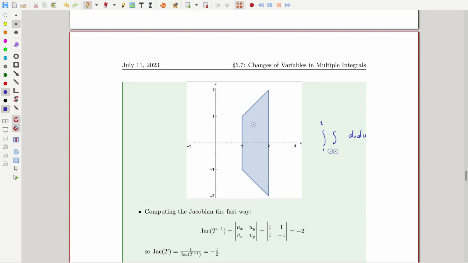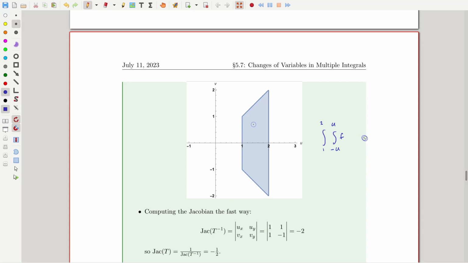This is captured by the function minus u, the line of slope -1 passing through the origin. And then the upper bound, this upper function, is captured by the equation v equals u. So you have that, and then this is whatever the function is, f, let's call it.